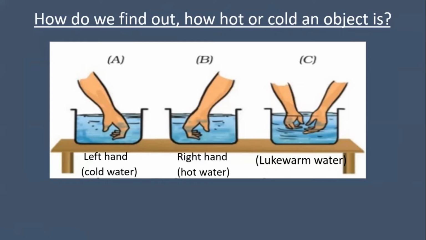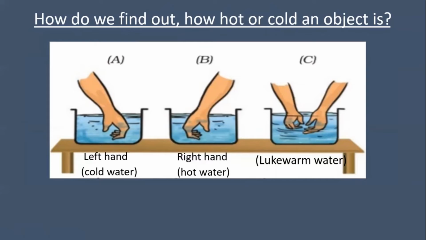That is because they are comparing to the previous temperature they were in. So, checking for hot or cold just by touching is not a good way of measuring. Also, it can be quite dangerous.